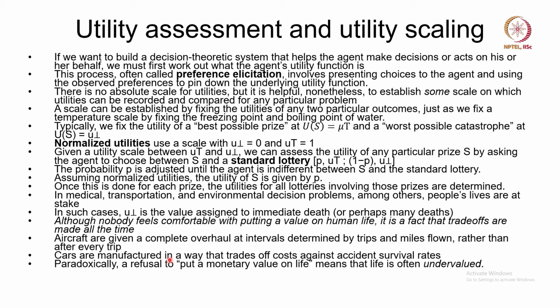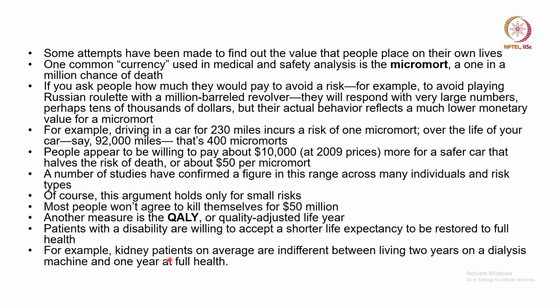We need to see how they do that. This is somewhat by the side, because they talk about the value that people place on their own lives. For that they use what is called the micromort. This is one of the currencies that is used in medical and safety analysis.